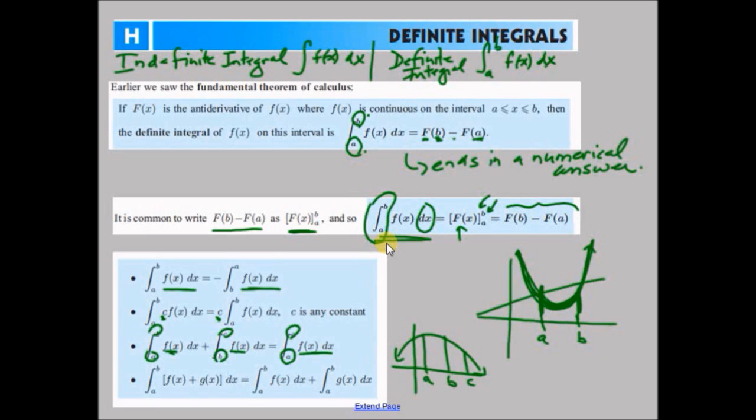So we're talking about the integral from here to here on the first part, plus the integral from here to here. Well, that equals all the way from a to c. And lastly, we've got this integral of f of x plus g of x from a to b. We can separate that out as f of x and g of x, just like we could in indefinite integrals. So some properties to keep in mind as we move along.